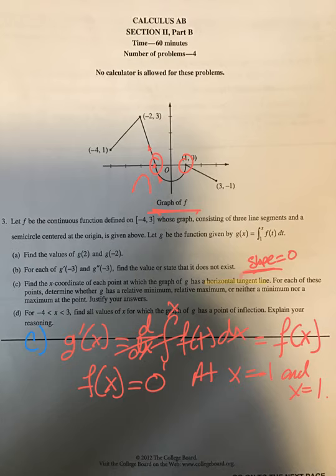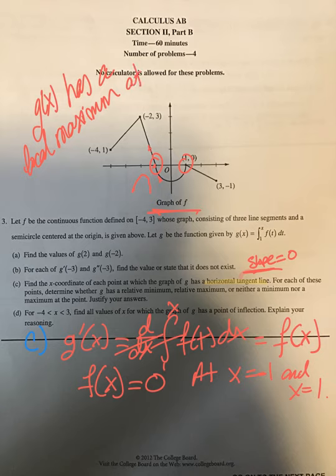So you can say, just a sentence, right? g of x has a local or relative, doesn't matter, maximum. Do not abbreviate, write the word maximum, at x equals -1 because, and now what's our reasoning? It's just what we said, the sign chart.